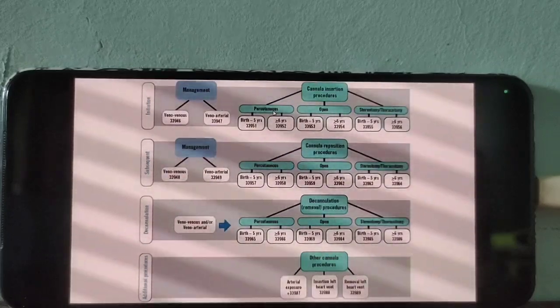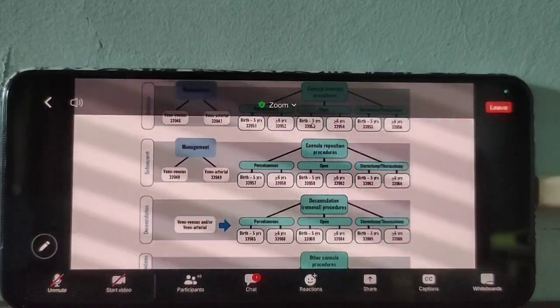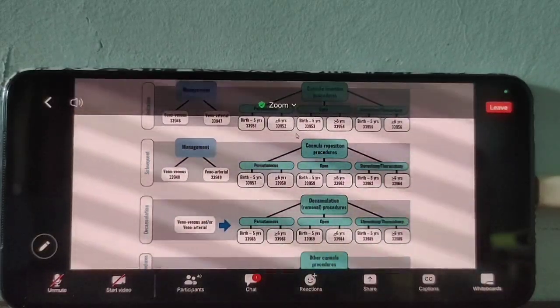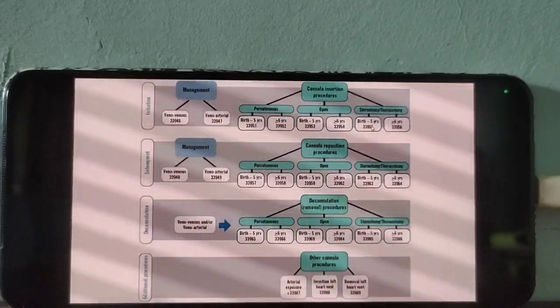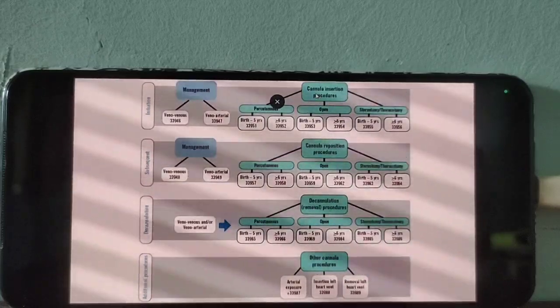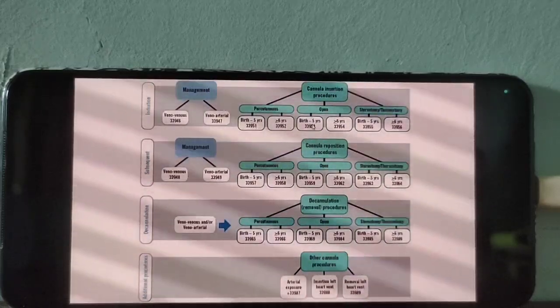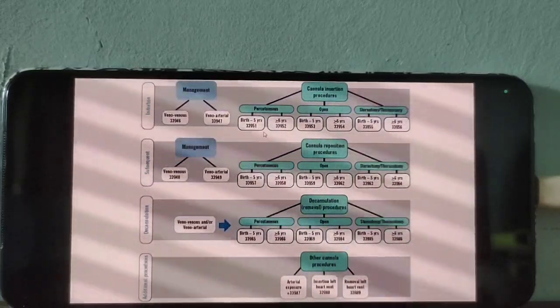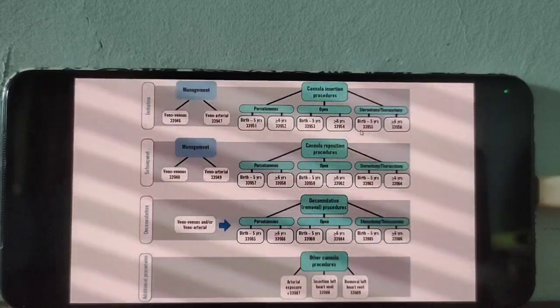Based on the approach and the patient age, the code sections are classified here.